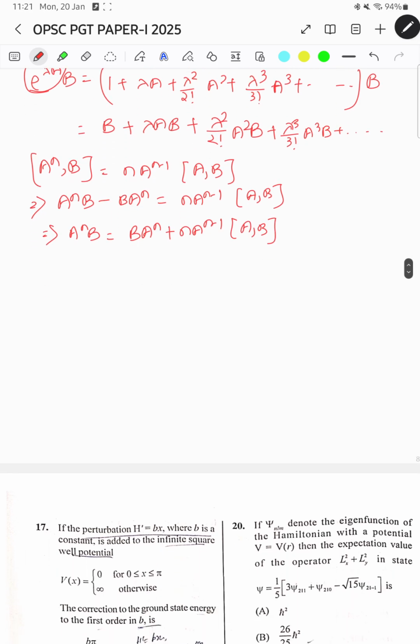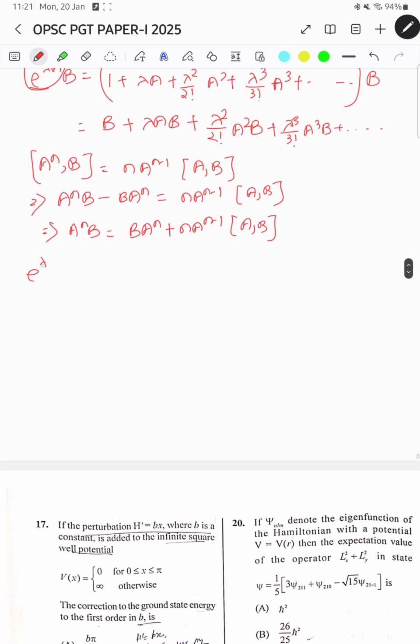Okay, and here we can substitute: e to the power lambda a b will be equal to, n is an integer value, you can put 0, 1, 2, 3 as you want, so we are going to put it here. So this will become lambda ba plus [a, b] commutation plus lambda square upon 2 factorial.